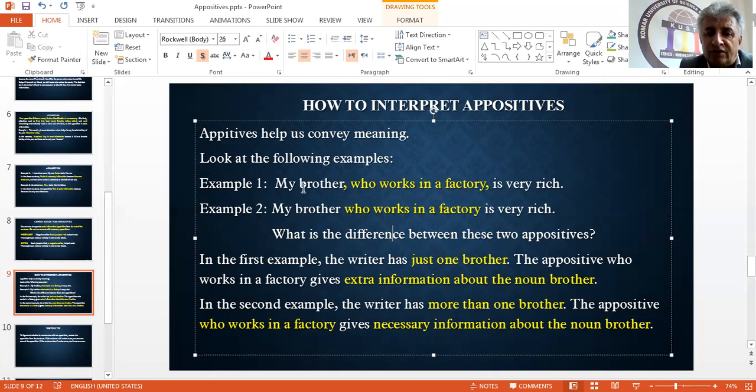When you say my brother, comma, who works in a factory, comma, is very rich, it means that this appositive is extra because the writer has just one brother. But when he writes, my brother who works in a factory is very rich, it means that the clause who works in a factory is necessary because there aren't any commas. So he has more than one brother, and the one who works in a factory is very rich.